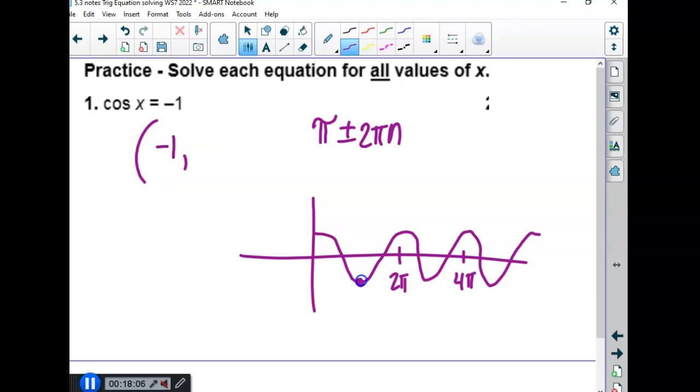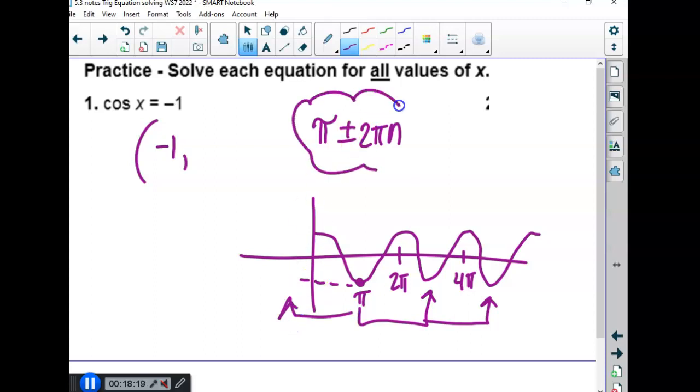It happens that it hits negative 1 right here at pi, and 2 pi later, and 2 pi later, and we could have gone this way, 2 pi. Do you understand, guys? Okay, so this is our answer. X equals pi, and every multiple that we add 2 pi onto it later.